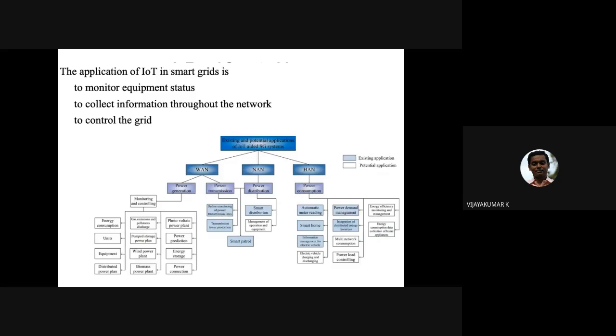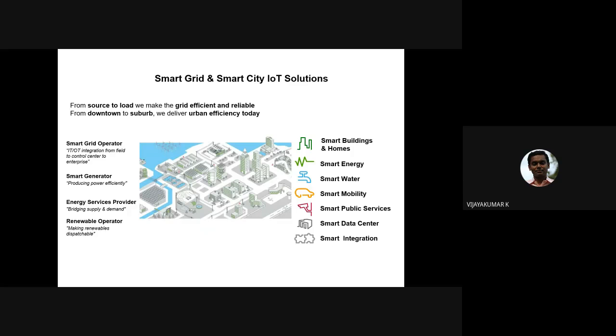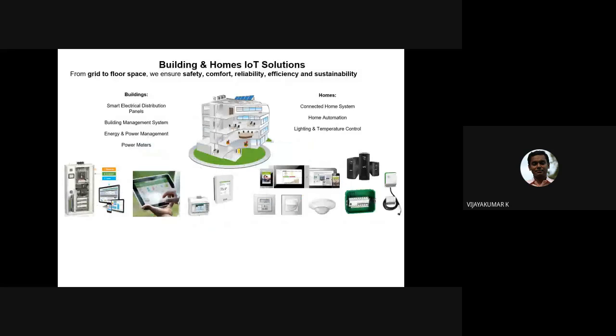From that data, they can give the policies as well as tariffs for the consumers. I already told you the application of HAN, home area network, NAN, and wide area network. When we come to home automation, I skipped this one. You have the wearable devices that I discussed at the beginning of the class.